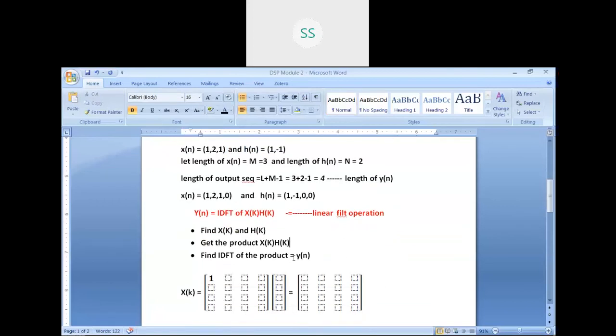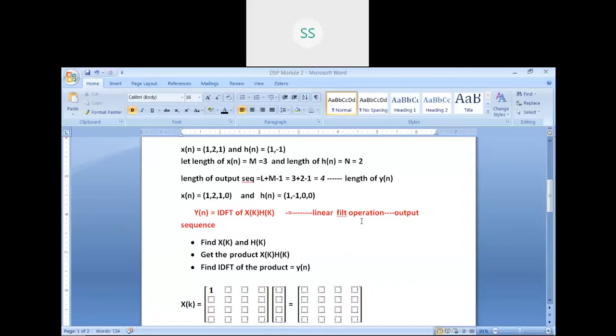So if you perform the DFTs of these two, multiply them, and perform the IDFT on this product, the resulting sequence is the linear filtering operation output sequence.